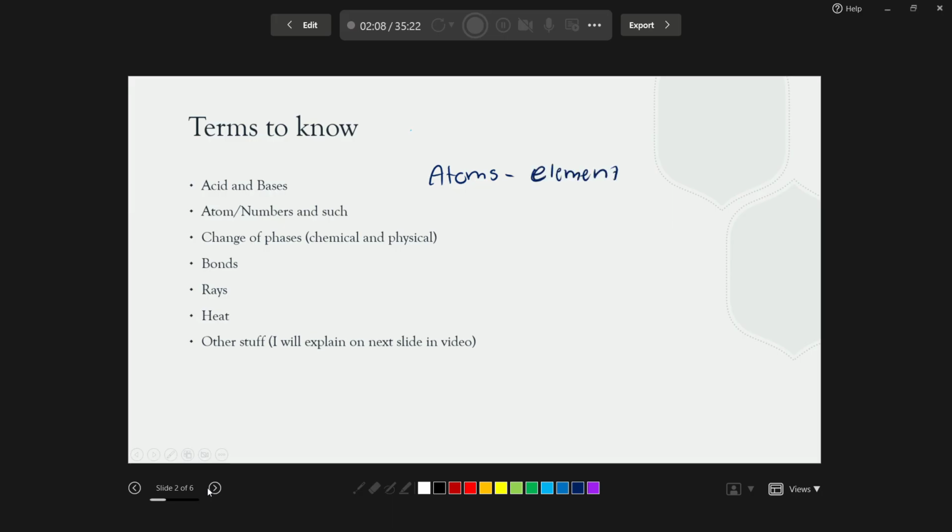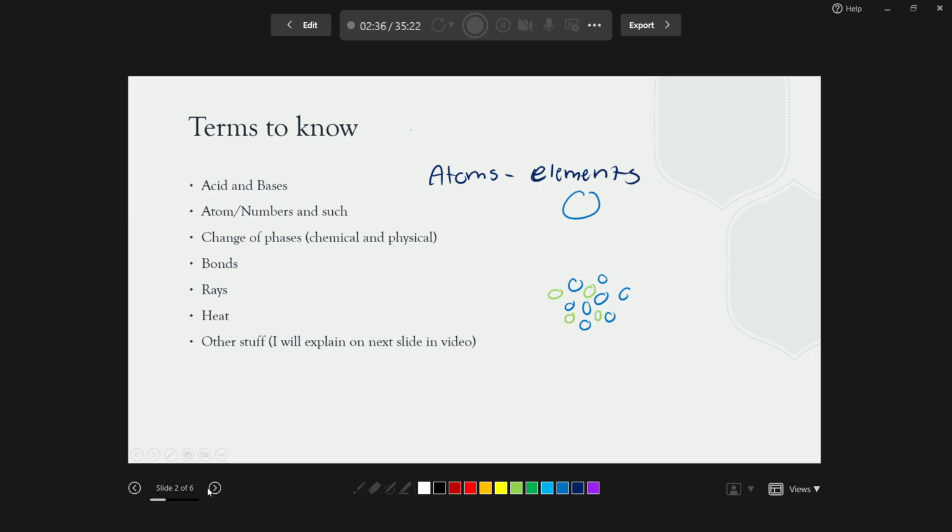Now, an atom has multiple structures. Let's say we're doing an atom for oxygen. Oxygen has 8 protons, so 1, 2, 3, 4, 5, 6, 7, 8, and it has 8 neutrons.